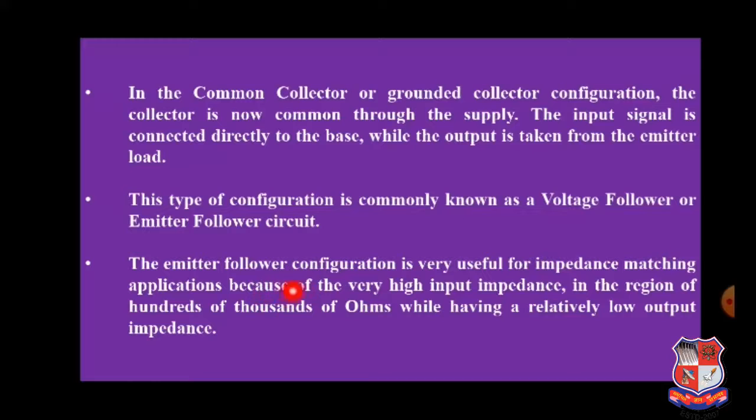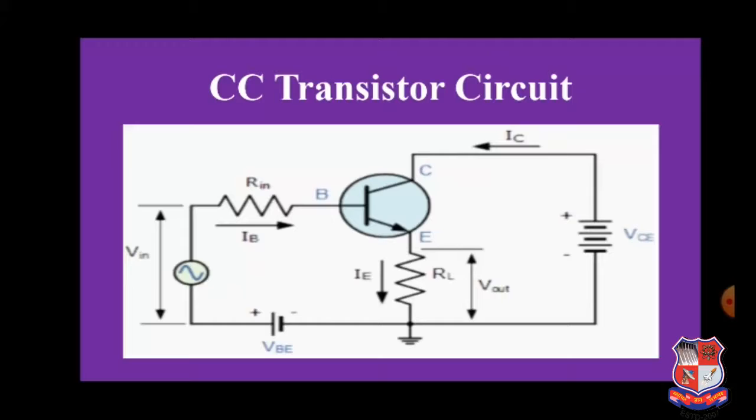It is used because of a very high input impedance, in the region of hundreds of thousands of ohms, while having a relatively low output impedance. So we have to utilize some conditional process to maintain the input and output impedance values so that they are matched to a certain level. So how is it possible?